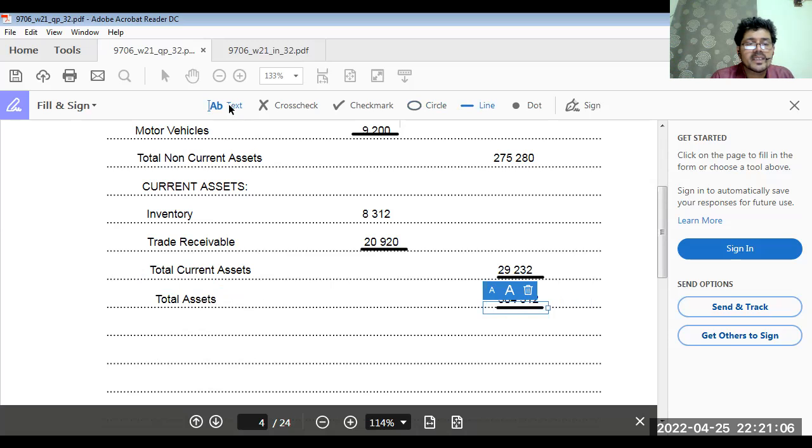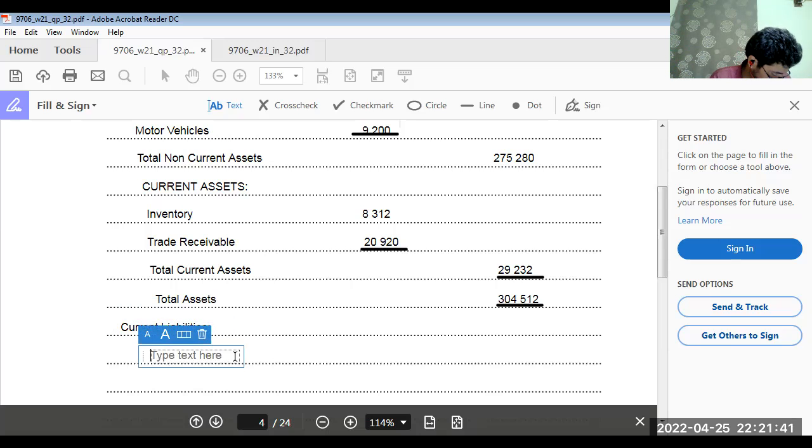Now, next heading, current liabilities. The heading.